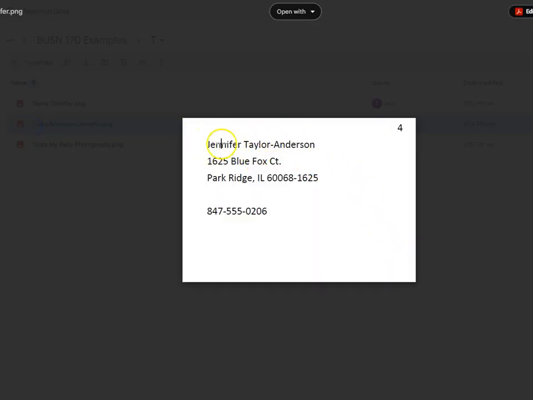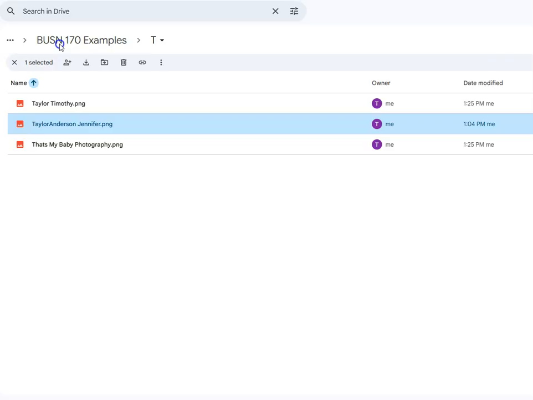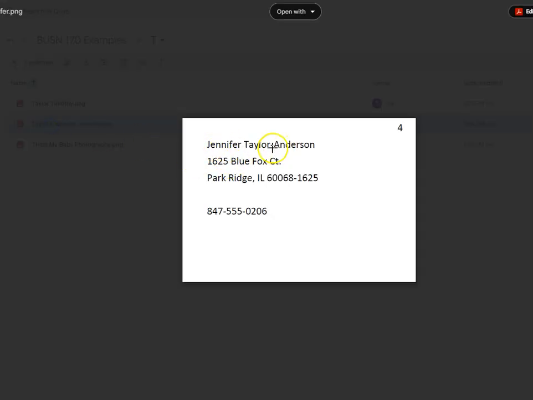So this was the original file with her address on it, and it's filed under Taylor Anderson, Jennifer. And as you can see, as you label your files, I disregarded the hyphen between Taylor and Anderson. Even though it's written here, we always disregard punctuation and possessives.